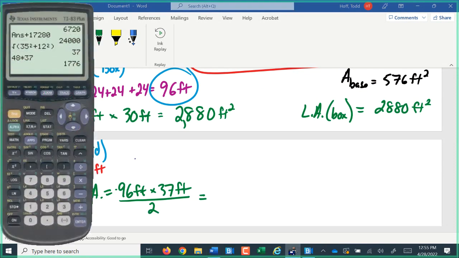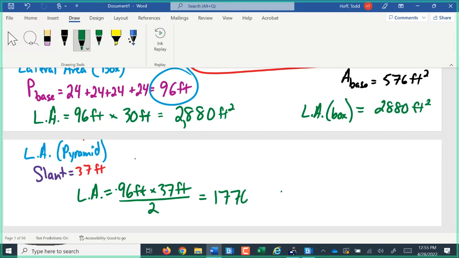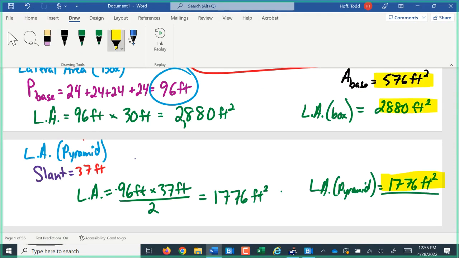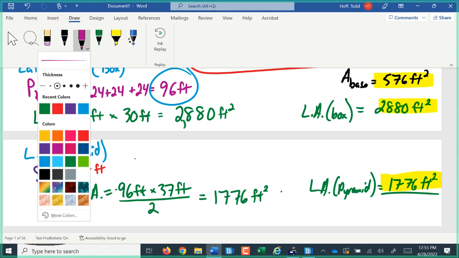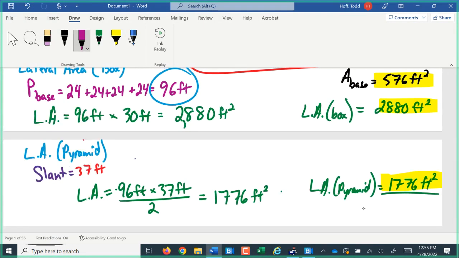So the lateral area of the pyramid is 1776. We add those up to get our surface area of 5,232 square feet of total surface area.